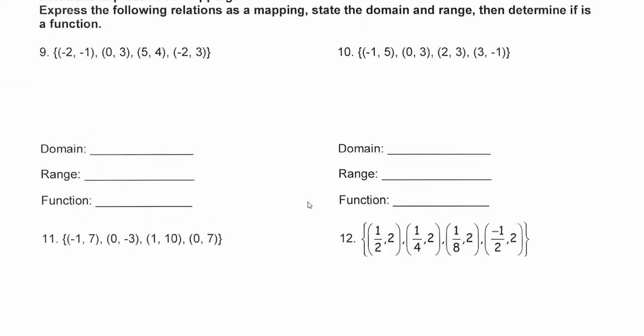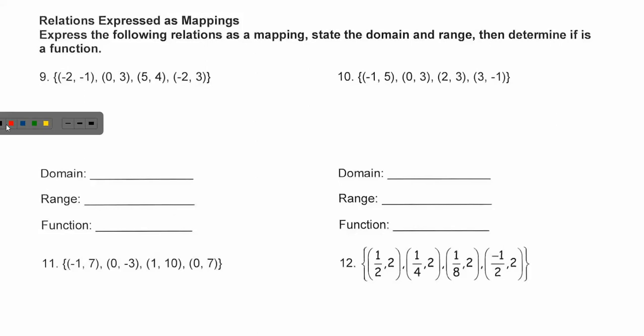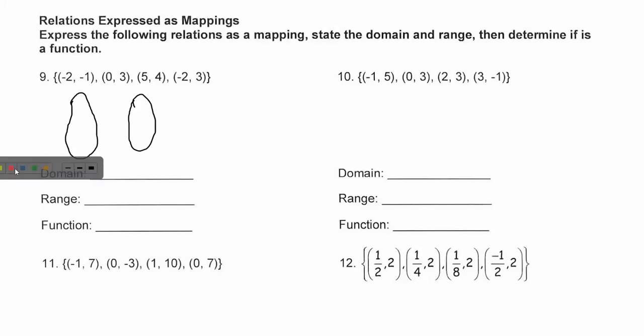All right, so right here on number 9 we're going to do a map. So we need our two ovals, or something oval-like, as that one definitely is not an oval. Again, it's just as simple as identifying x and y values. The first number is going to belong to our domain.